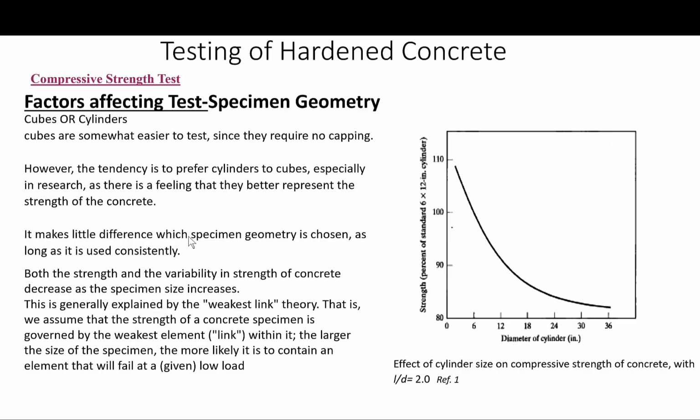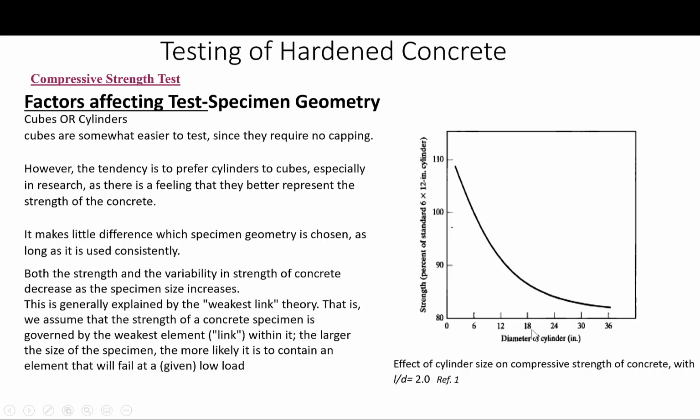This figure here, right here on the screen, shows basically the variation in strength with cylinders with L over D of 2, but with different diameters. We maintained the length to diameter ratio, but we increased the diameter.